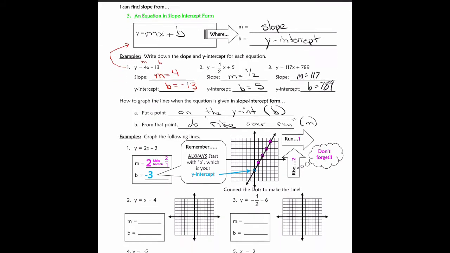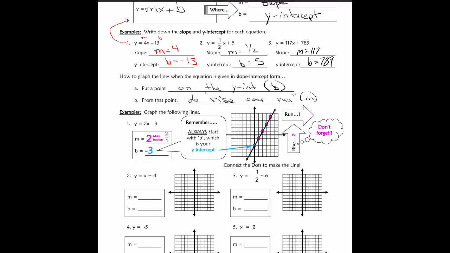So looking at this first example, it's already worked out for us, right? So the m is 2, and my y-intercept is negative 3. So again, remember, always start with b. So we plot that first point. So I go down to negative 3 on my y-axis, and I put my dot. Then from there, I'm going to utilize my slope. My slope is 2.